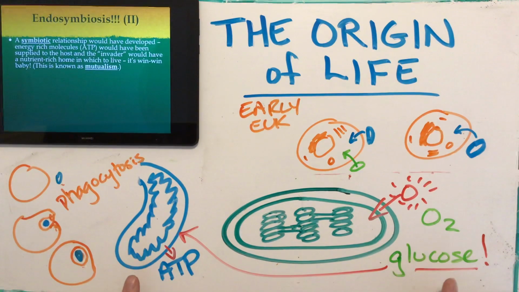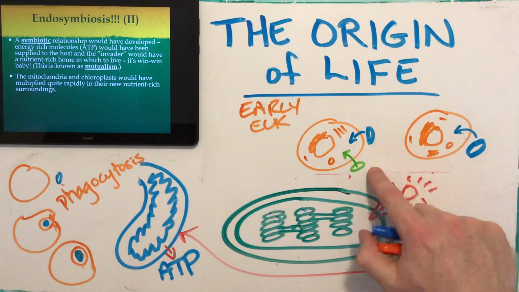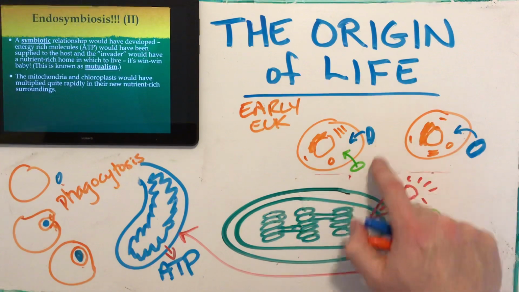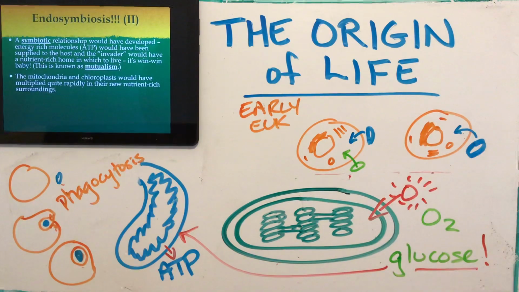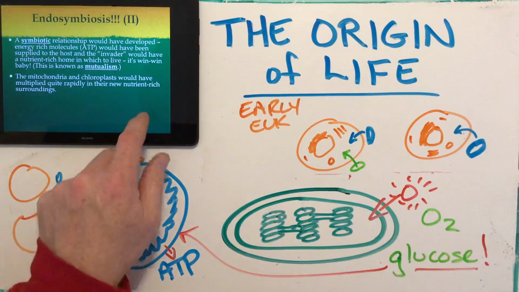I'm not going to destroy these things. I'm going to keep them. It's win-win, right? So this is a mutualistic relationship, which we talked about already. And in their new home, what do these two gain? We know the cell gains energy, but these two now gain access to nutrients and protection that they never had before. So it's win-win for both, right?